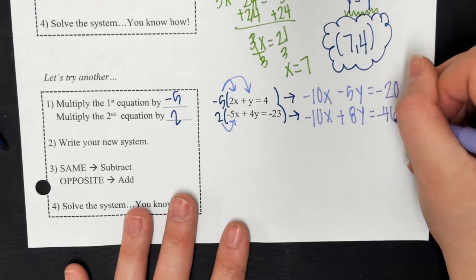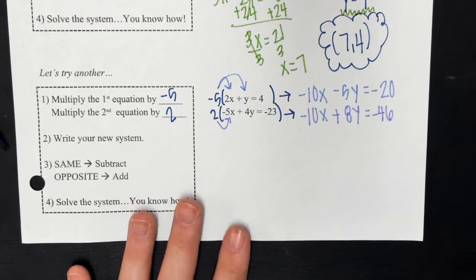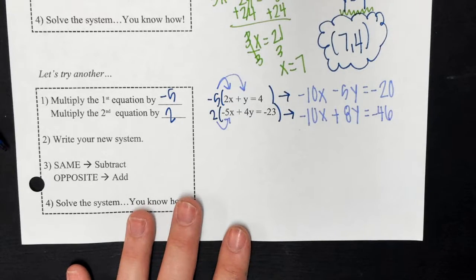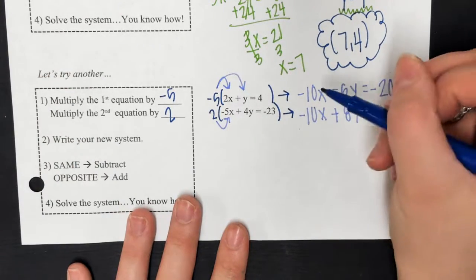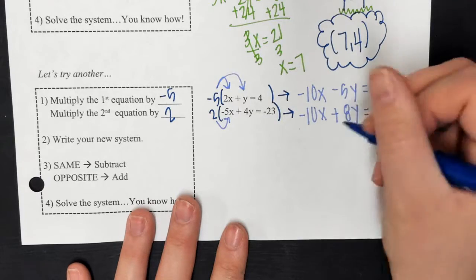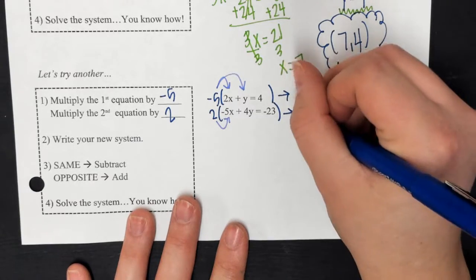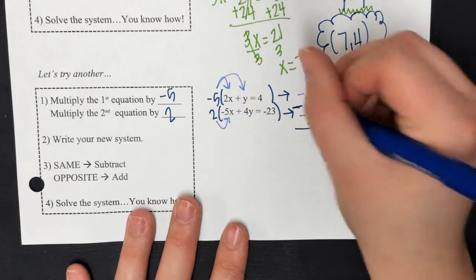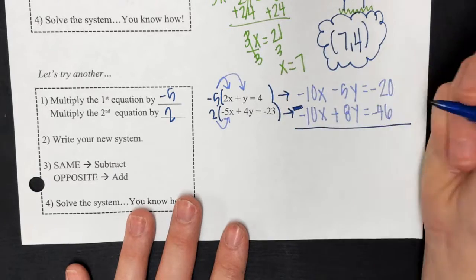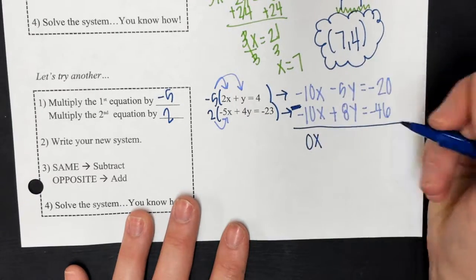Oh, yeah, that's right. I did the bottom and you did the top. Sweet. Okay? Same sign. Same sign. So subtract. Subtract. Your x's cancel out.